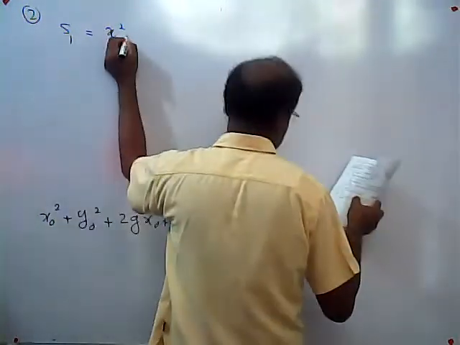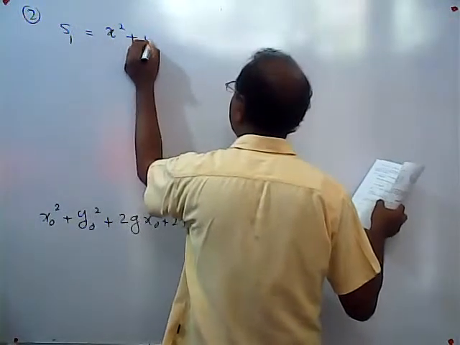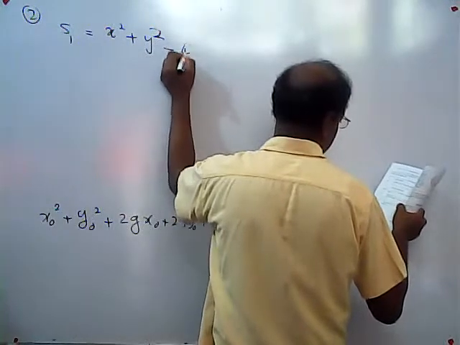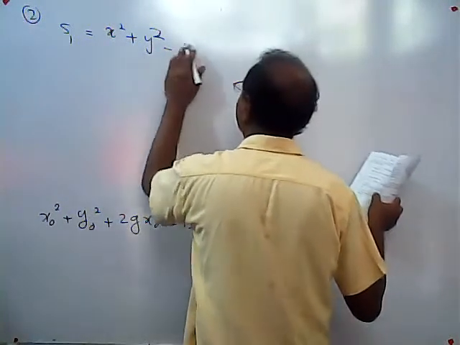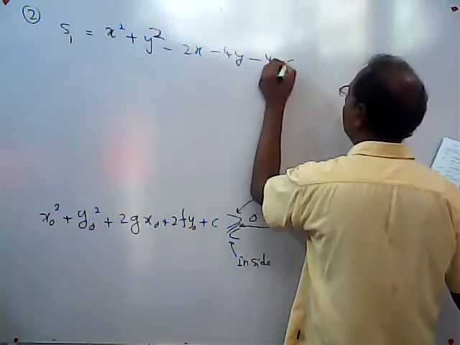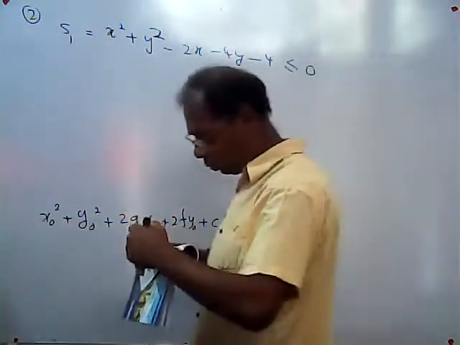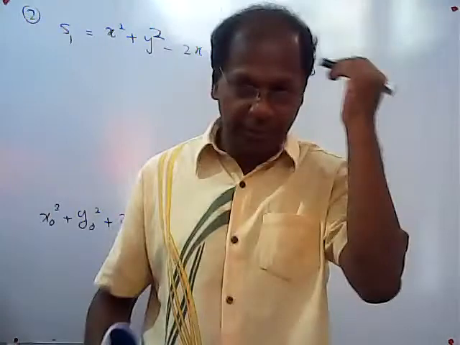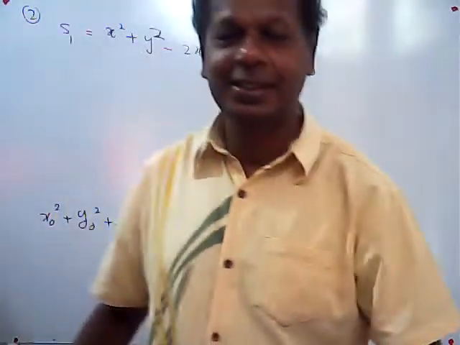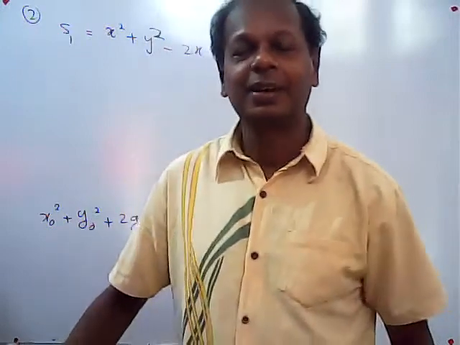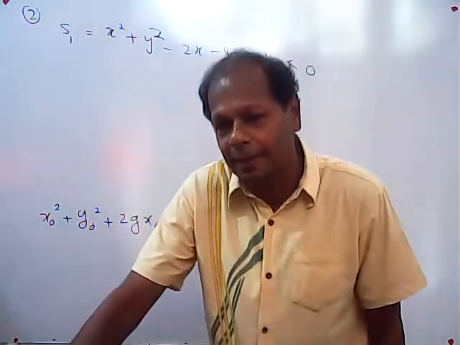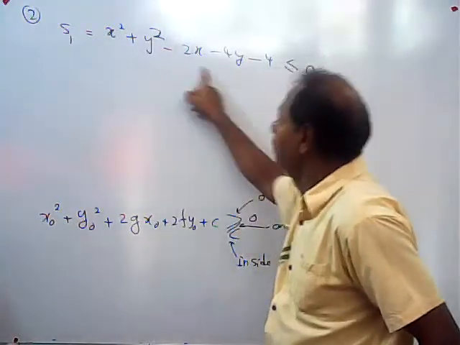Second question is to show this area, x squared plus y squared minus 2x minus 4y minus 4 is less than or equal to 0. You are asked to show this area in the Cartesian plane. To show the area, we need to draw the circle.